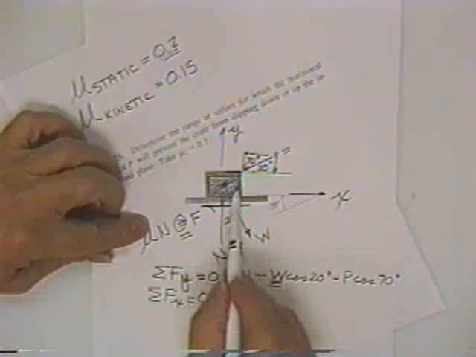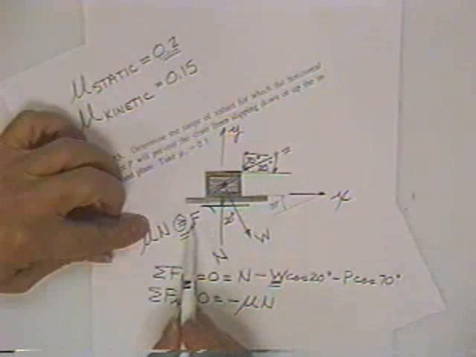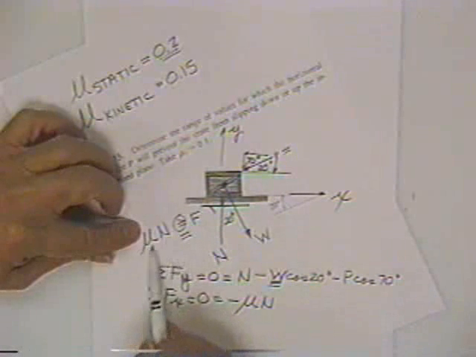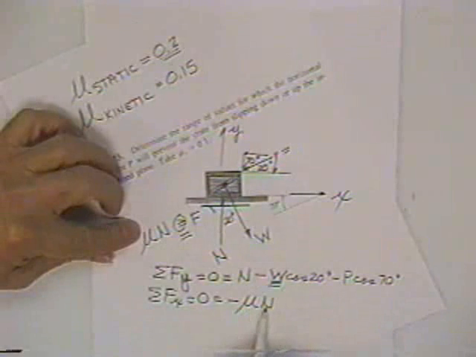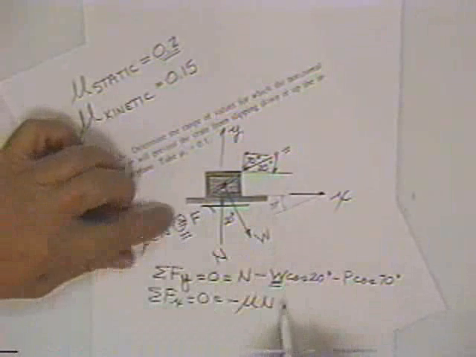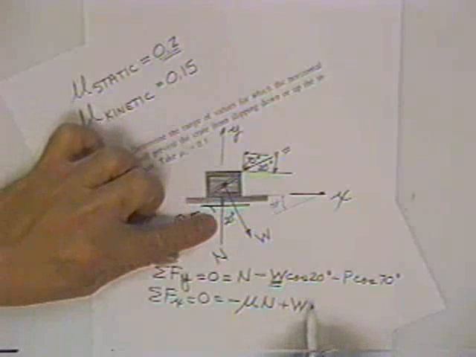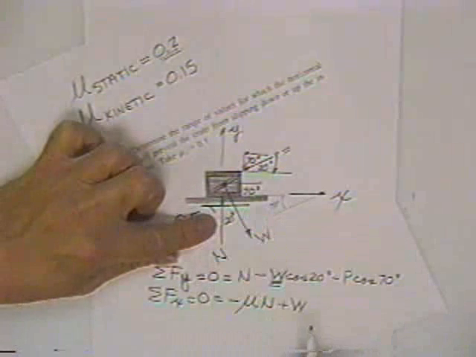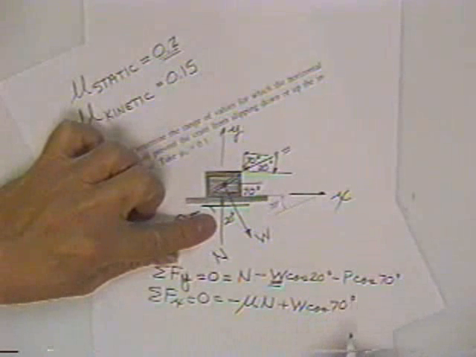In other words, when this thing is just ready to slip, this will start off at 10 pounds, 20 pounds, 30 pounds, 40 pounds, 80 pounds, 200 pounds, and finally get up to this number, and then this number will get no larger. So I put the biggest number in here, to the left minus, plus W times, if that's 20, this is 70, so W cosine of 70 degrees.